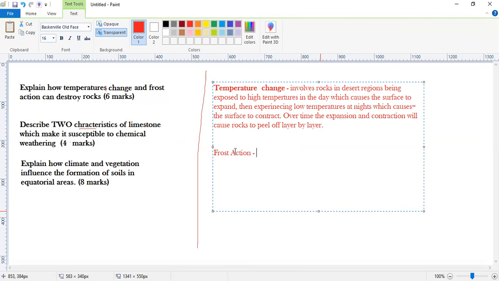So we could say frost action involves rocks with cracks which allow water to seep in.